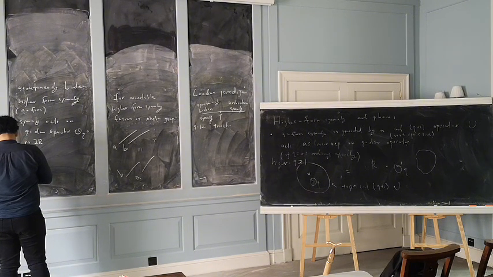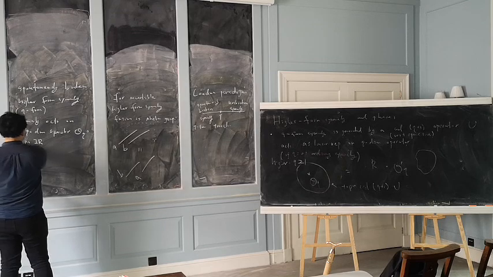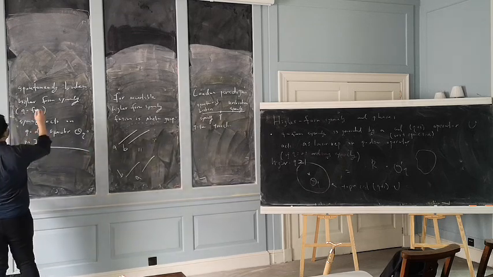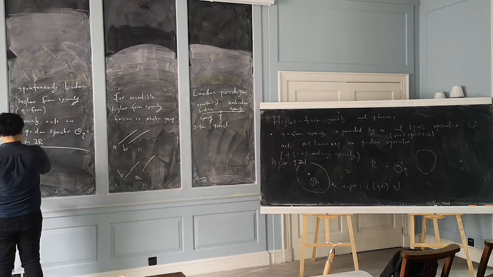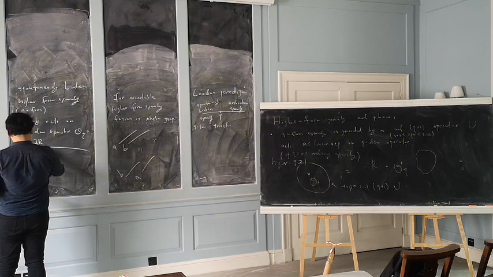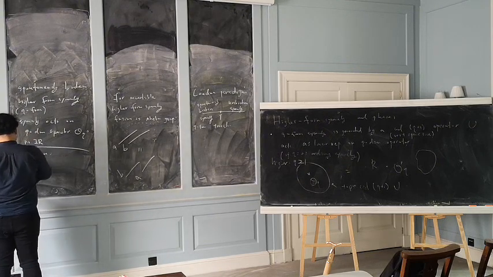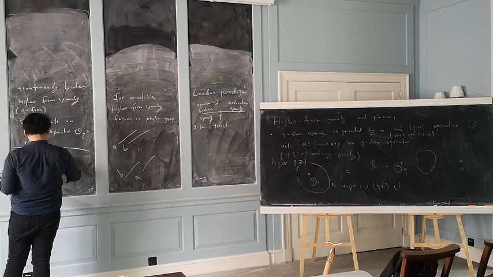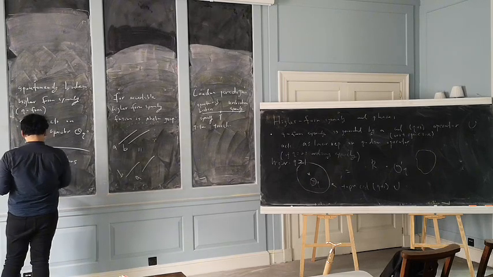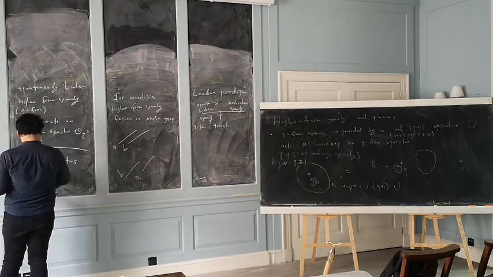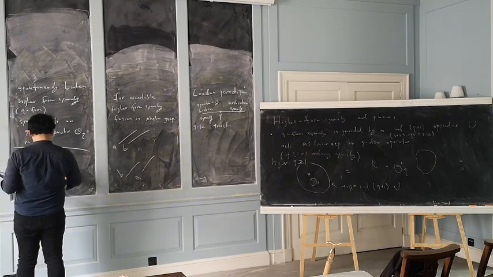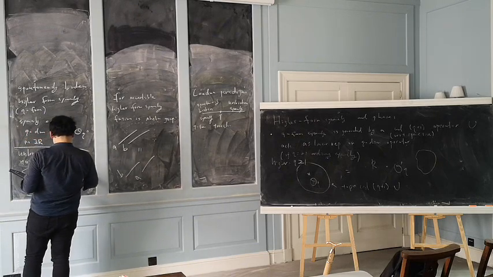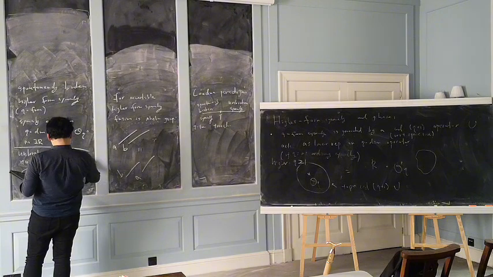In contrast, if the symmetry is unbroken, it means that there is no such operator acted on by the symmetry in the IR.